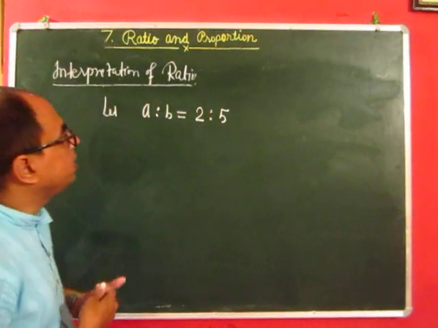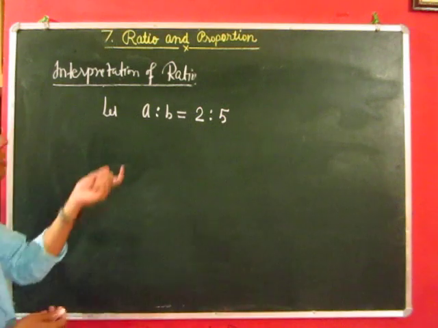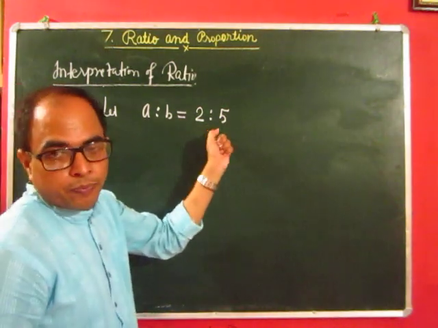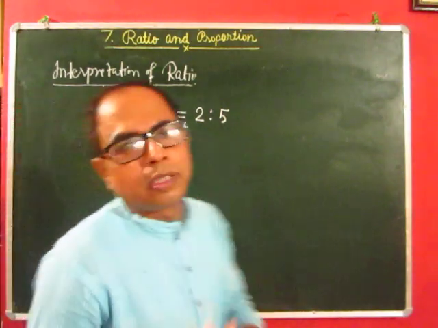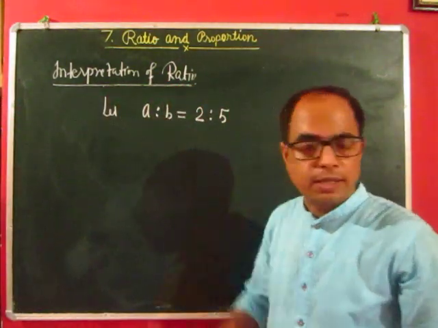So how can we interpret this ratio? Let us suppose that A and B are salaries.